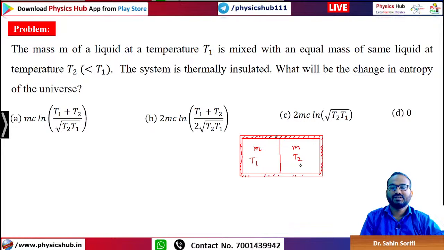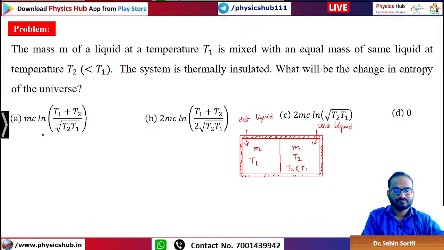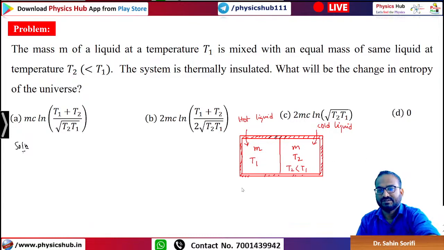T2 is less than T1. What does it mean? It means this is a hot liquid and this is a cold liquid. The hot liquid will lose heat and the cold liquid will heat up. After some time they will maintain a constant temperature, isn't it?